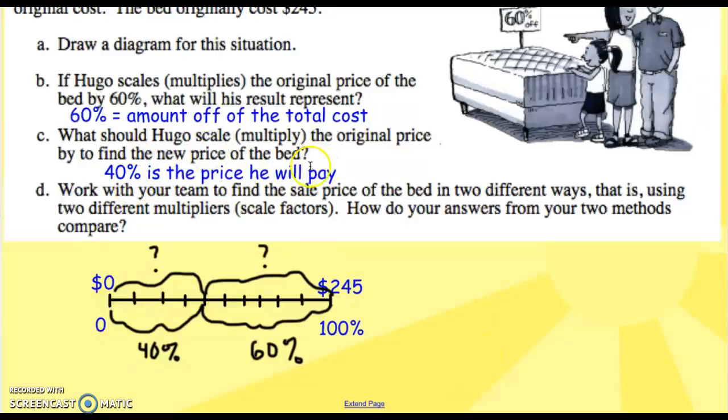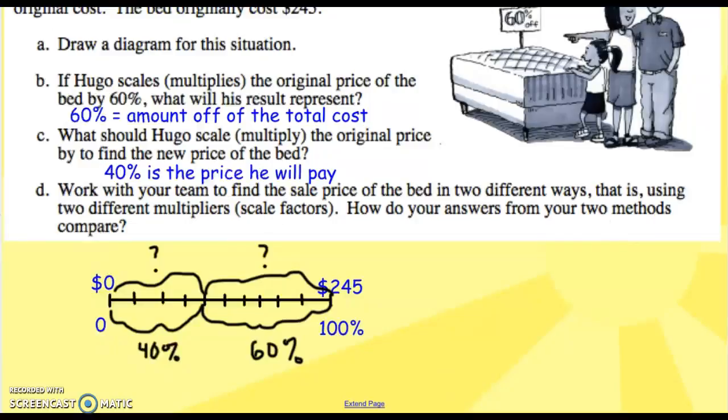So we'd multiply by 40%. D says, work with your team to find the sale price of the bed in 2 different ways, that is, using different multipliers or scale factors. How do your answers from the 2 methods compare?